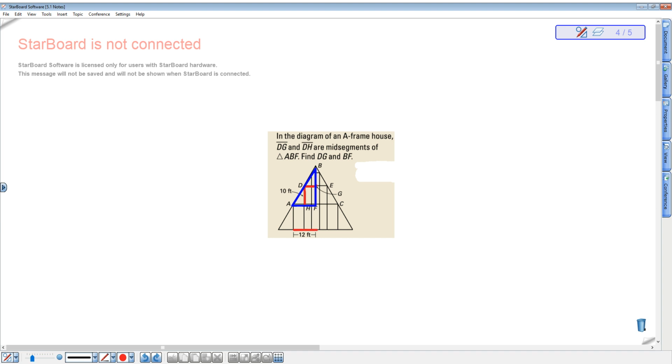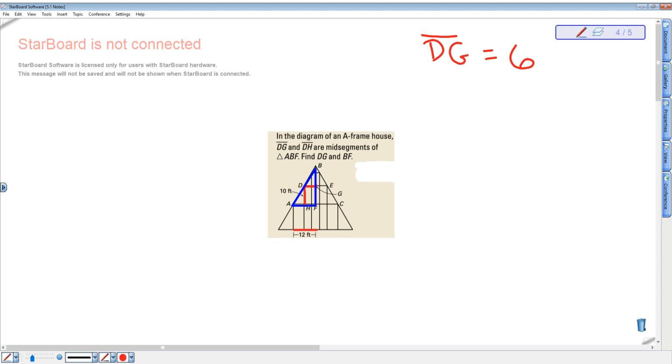They said it's actually 12 feet. Now, if you know the mid-segment theorem, this area of the mid-segment is going to be half of that. So line segment DG is equal to half of AF, which is going to be 6.